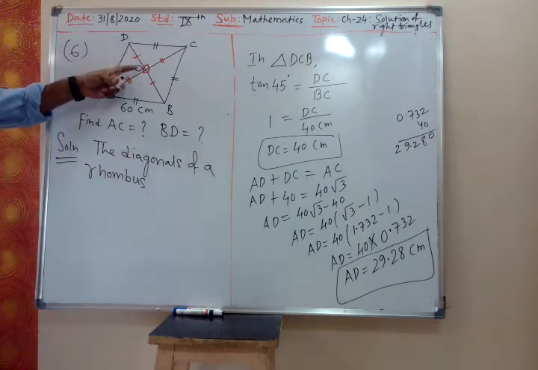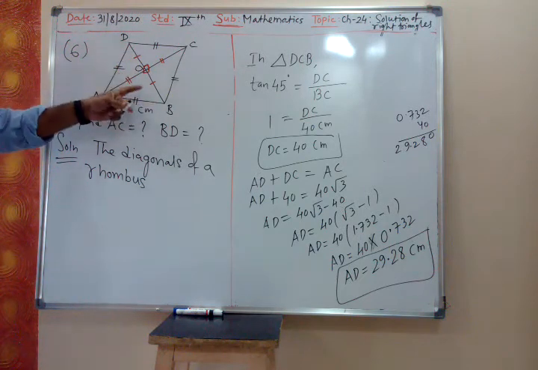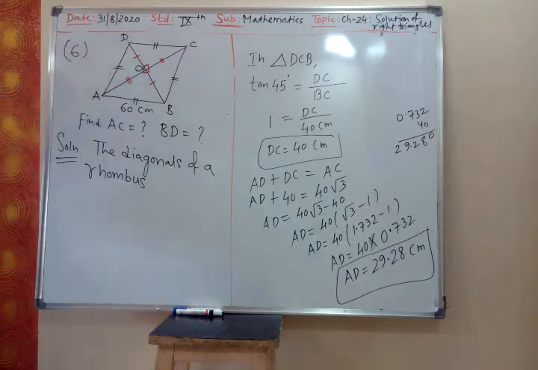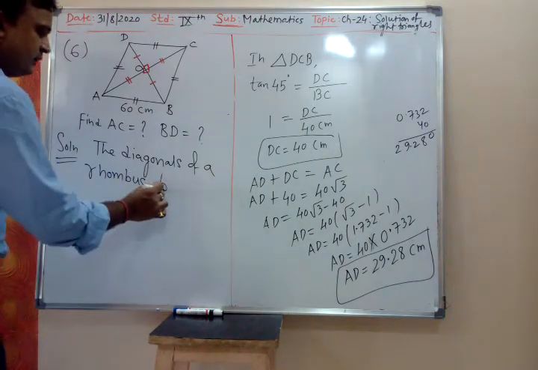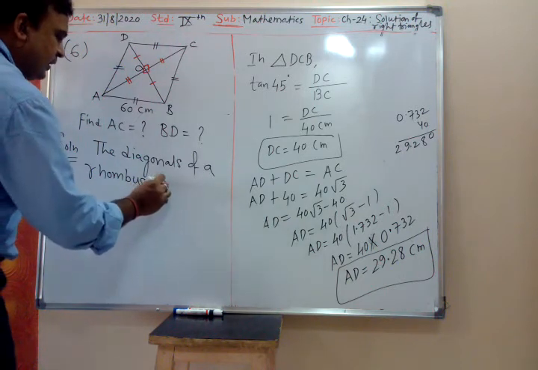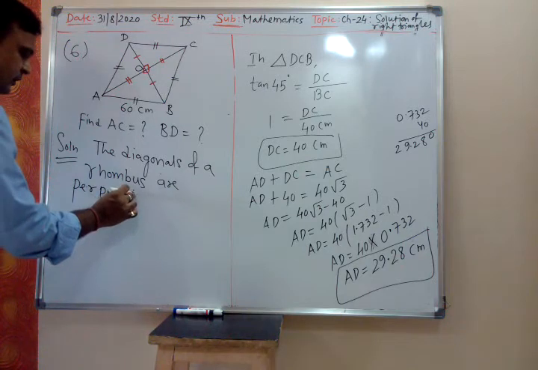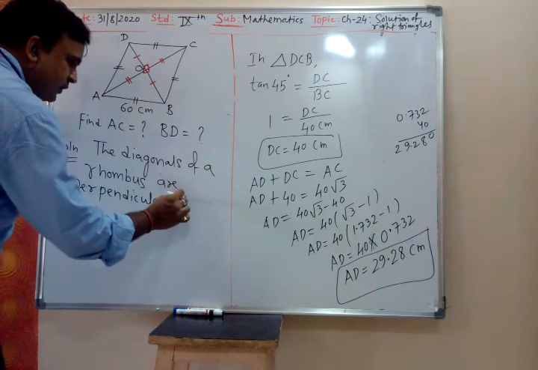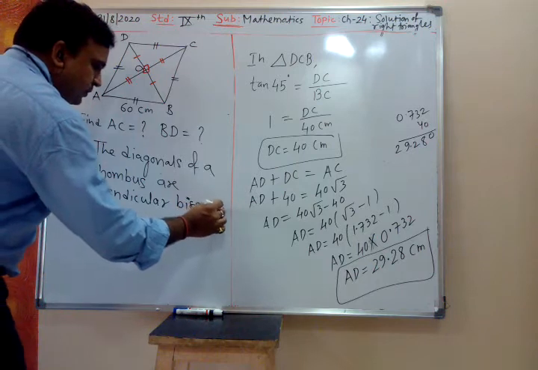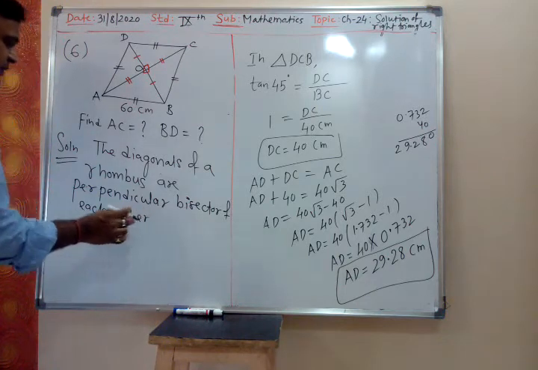This means when AC bisects BD, OD is equal to OB and OA is equal to OC. So write down: the diagonals of a rhombus bisect each other, and are perpendicular bisectors of each other.